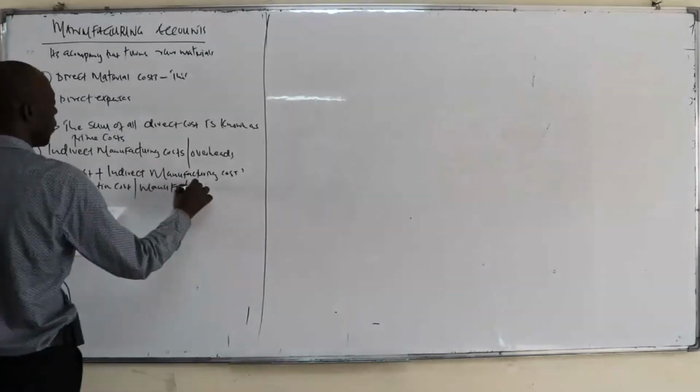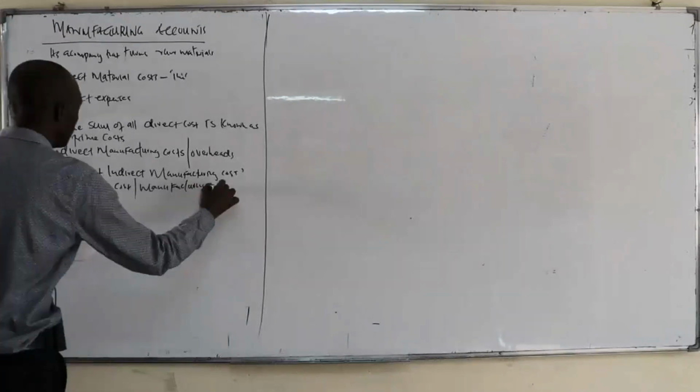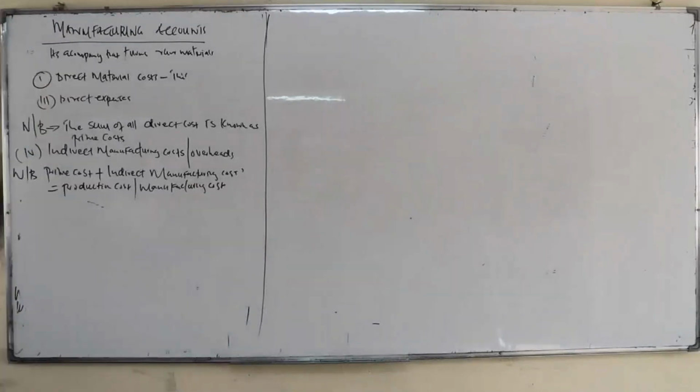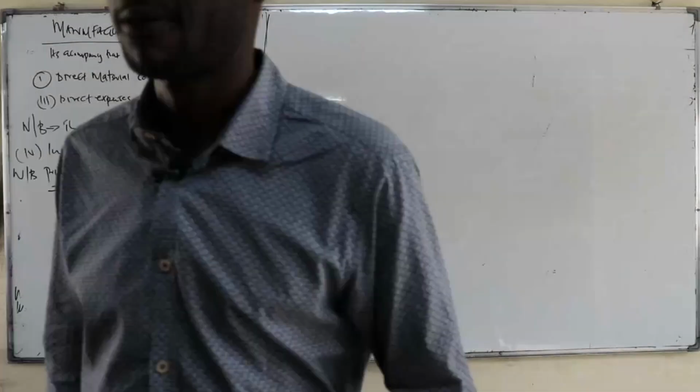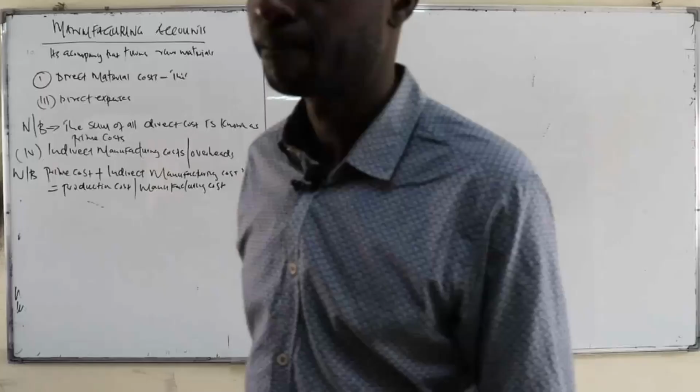So you're saying prime cost plus indirect manufacturing cost is equal to production cost or manufacturing cost. Are we together?